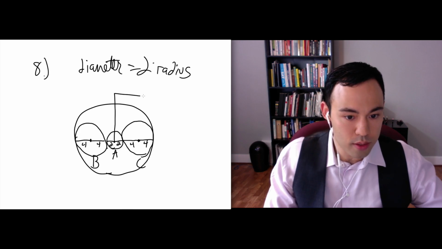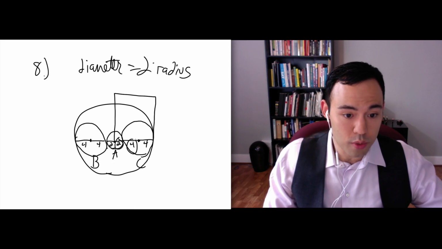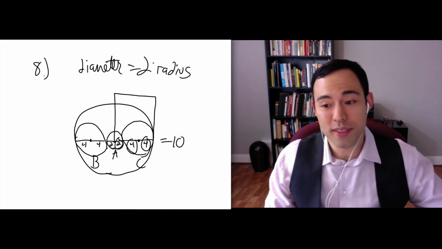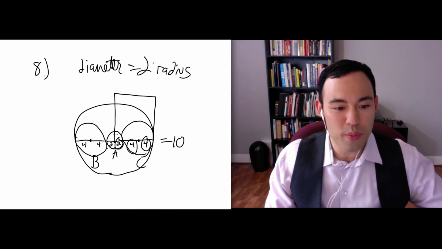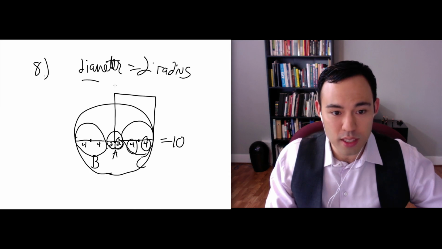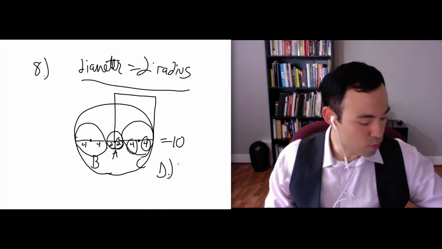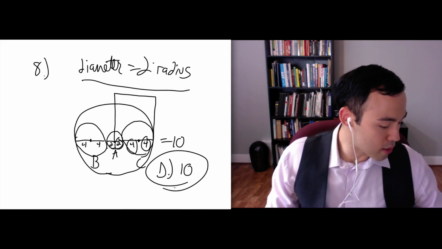So they're going to want this whole length here. So that's going to be a 2 plus a 4 plus a 4 equals 10. All right, of course, E has a 20 there just waiting for you to make the mistake of confusing diameter and radius. But just be careful, and we'll see that we need to bubble in D, number 8.